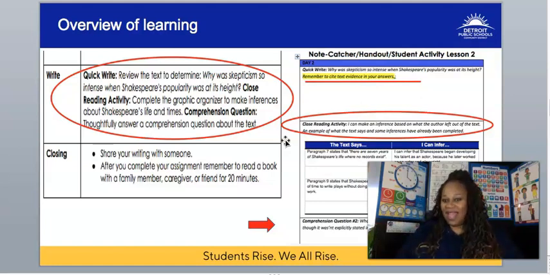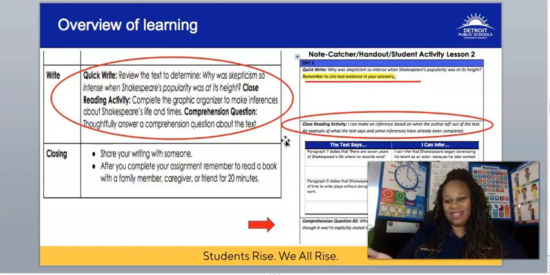And I've only asked for each of you to single out what the text says and make an inference on your own for one of the spaces in our graphic organizer. You get to choose what part of the text you want to focus on. The text says this, therefore I can infer or make an educated guess that this is what happened.